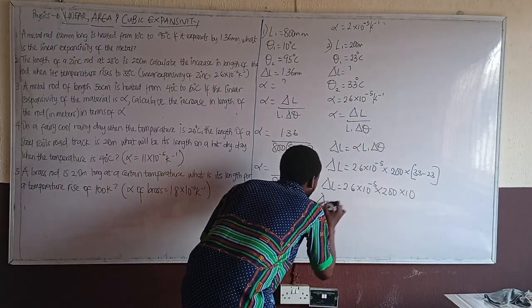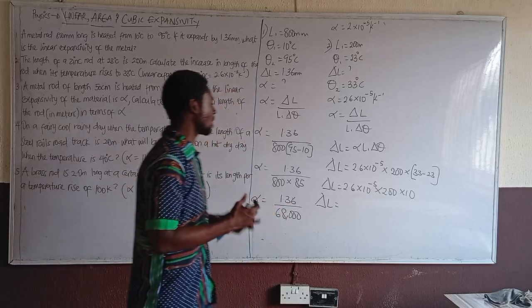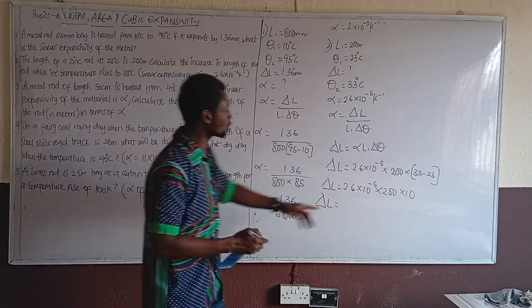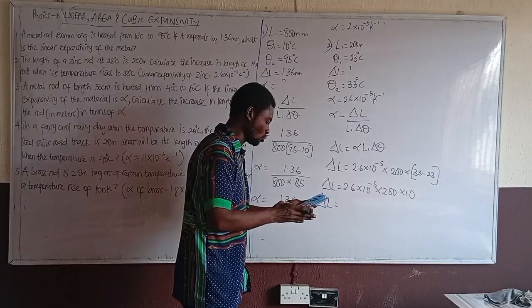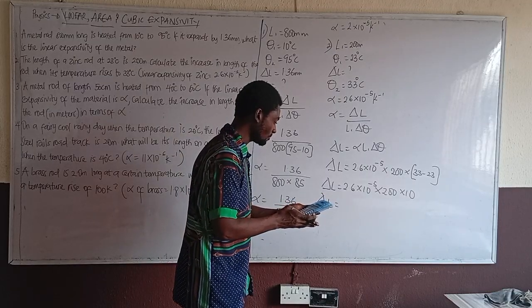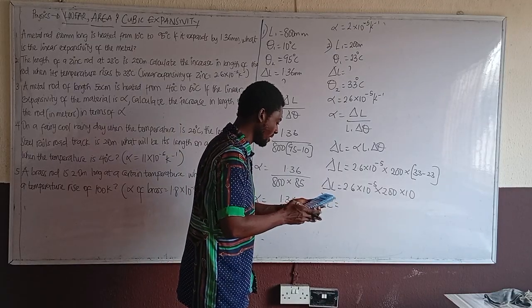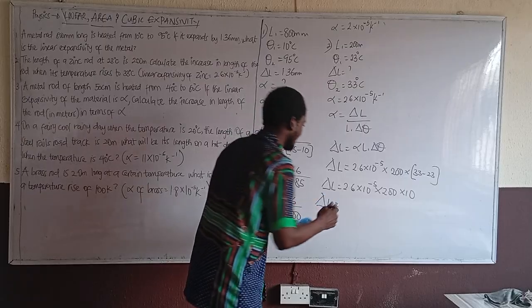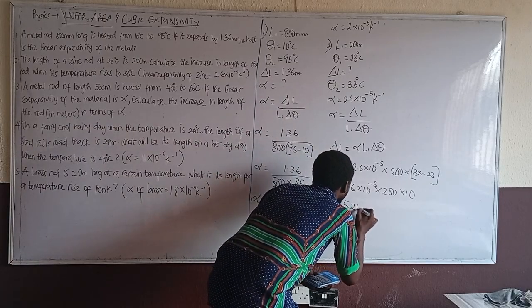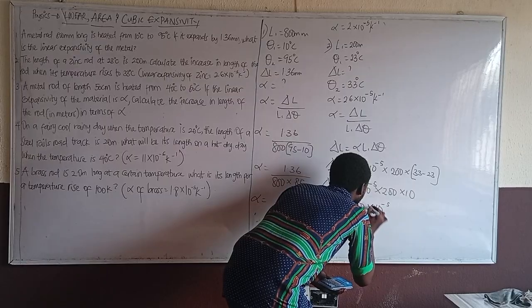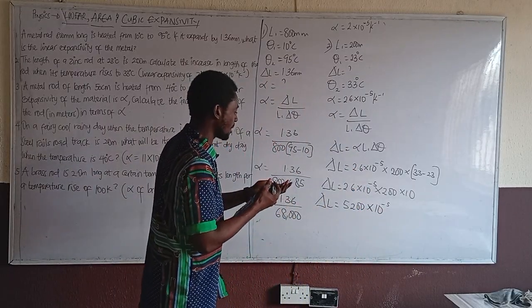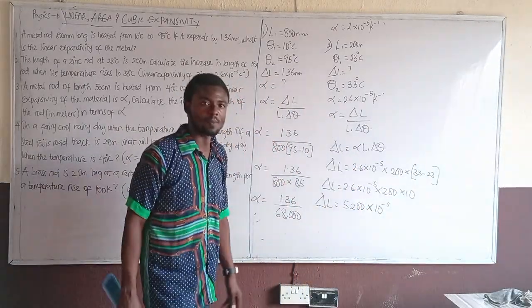Now when you are working with standard form, you don't touch the power, you only deal with the base. So here I'll just do 2.6 multiplied by 200 multiplied by 10. That is 5,200 times 10 raised to power minus 5.